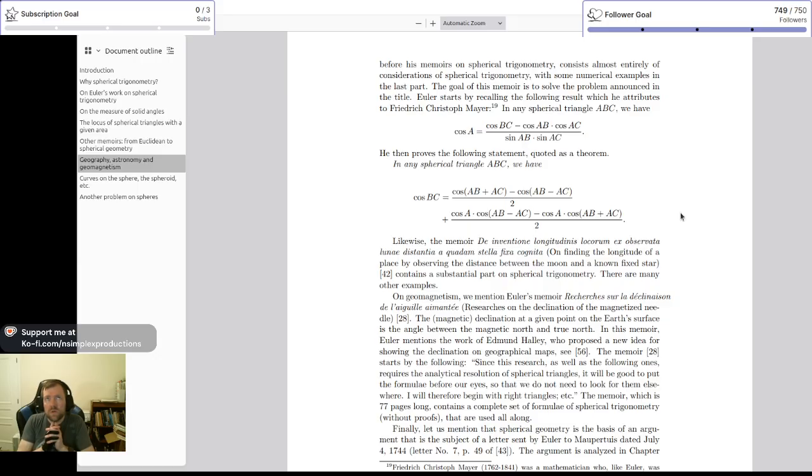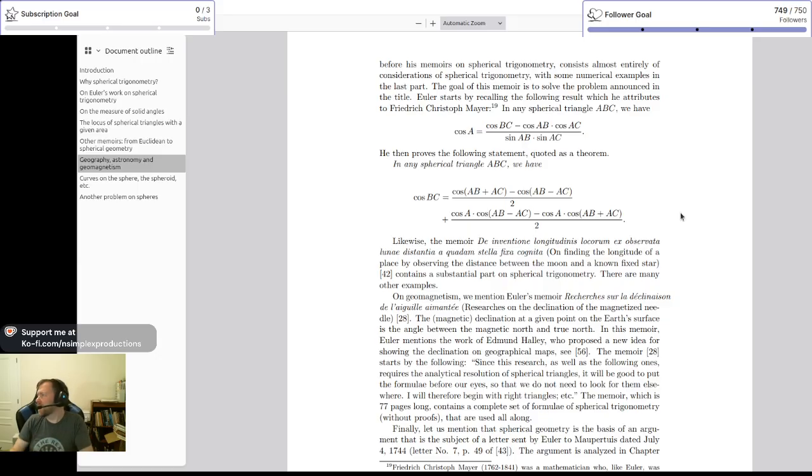Okay, so presumably you're finding the angle between the moon and a known fixed star, and then determining what time of the lunar cycle it is, and then trying to compare what time GMT or whatever you would expect the moon to be at that place.